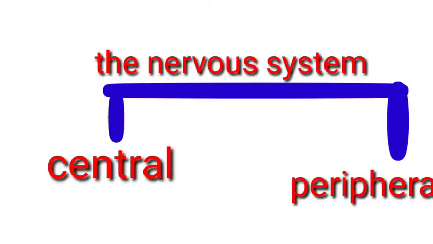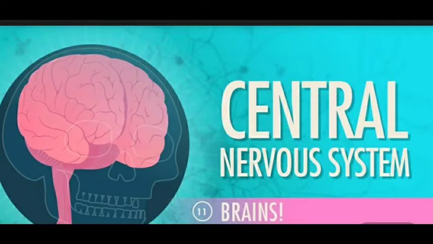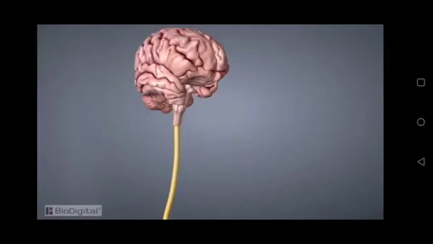Now, the nervous system is actually split into two parts: the central nervous system and the peripheral nervous system. We shall explore the peripheral nervous system later, but first let us look into the central nervous system. The central nervous system is made up of two major structures, the brain and the spinal cord.